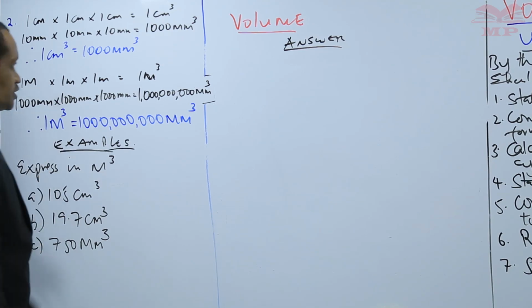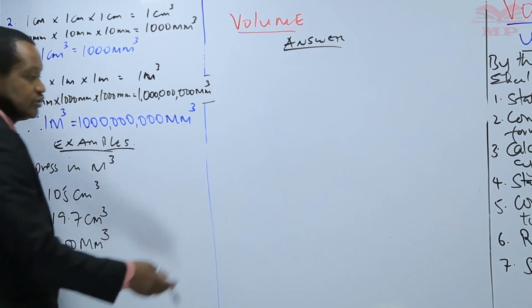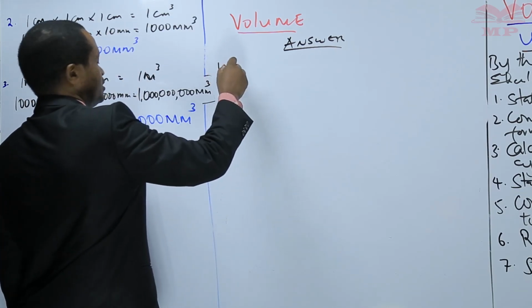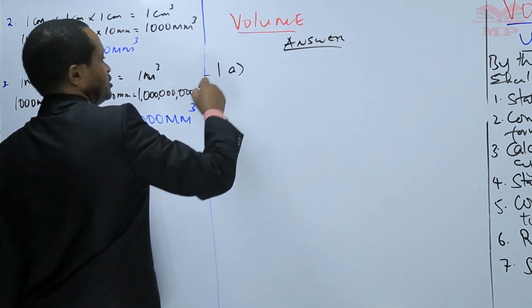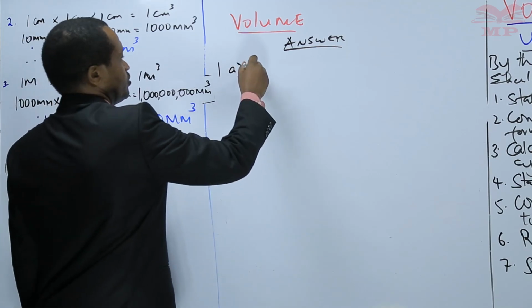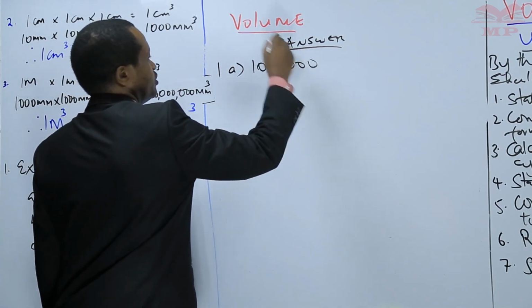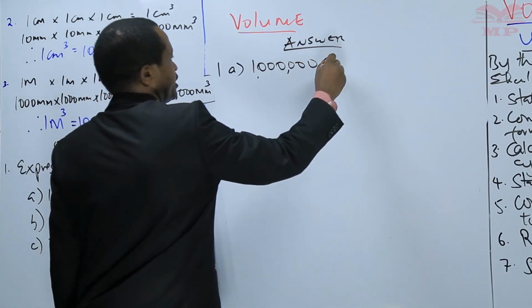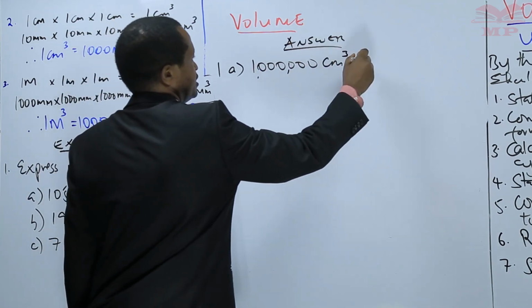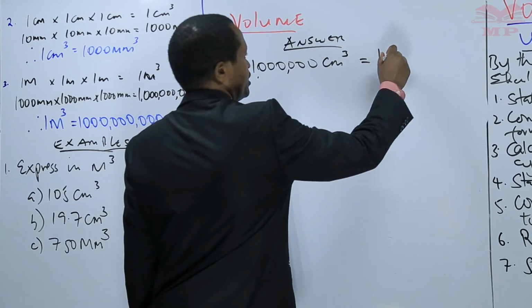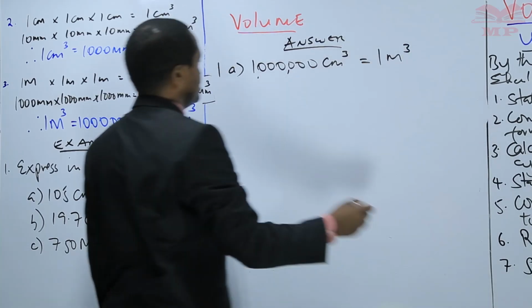And learners, this is question 1A. We saw that 1 million cubic centimeters is equivalent to 1 cubic meter.